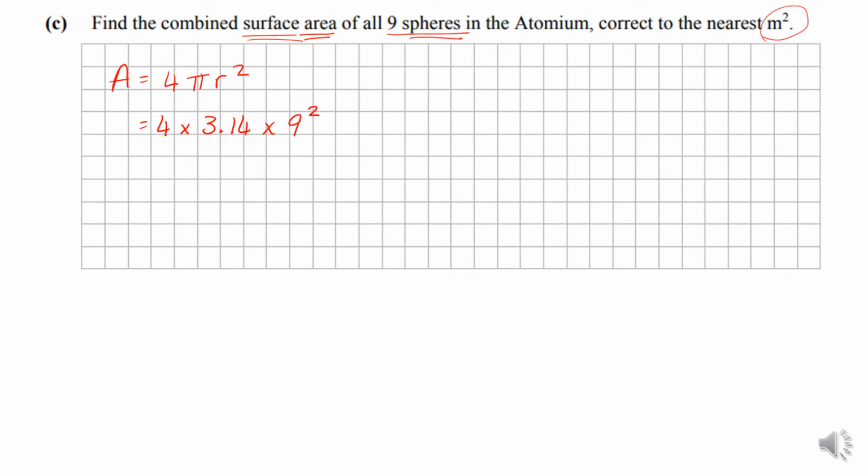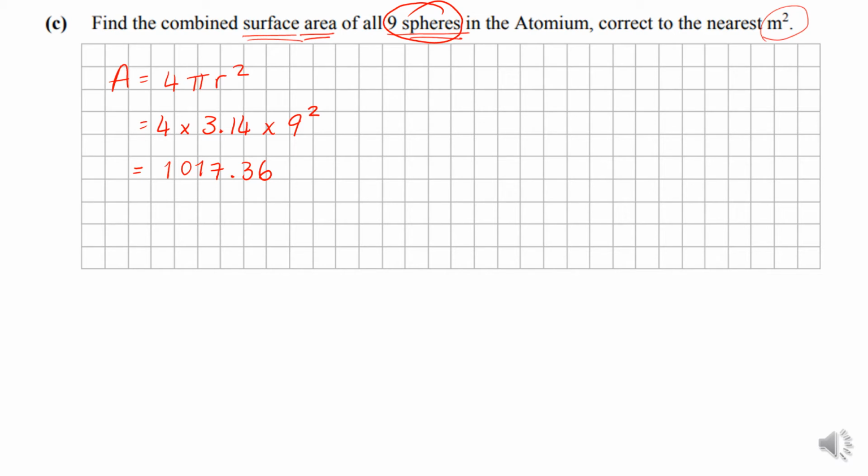So that's 9 times 9. Let's calculate that. 4 times 3.14 by 9 squared is 1017.36.